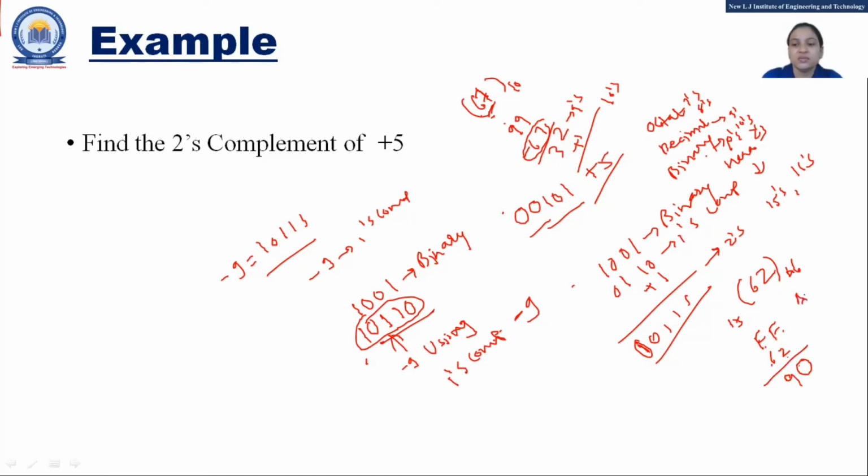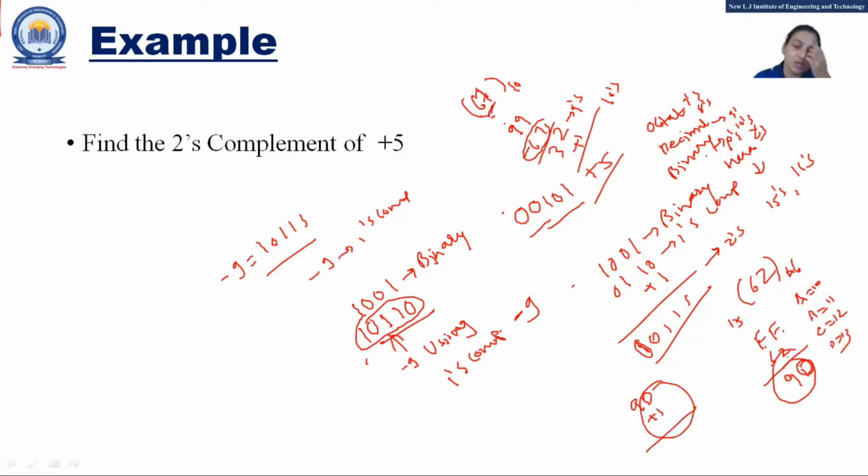We know A is equal to 10, B is equal to 11, C is equal to 12, D is equal to 13. So this is our 15's complement of 62. And if I want to find the 16's complement of this 62, 9D plus 1, I get the 16's complement. So this is how we can find the complement for any given number system. We can find the complement of each and every given number.